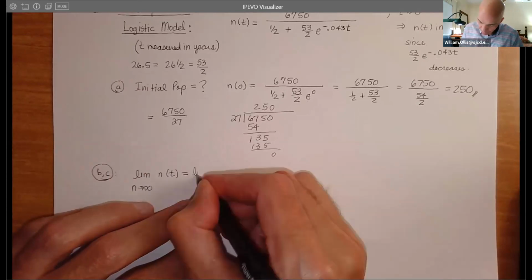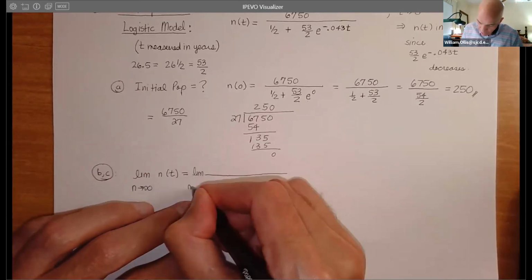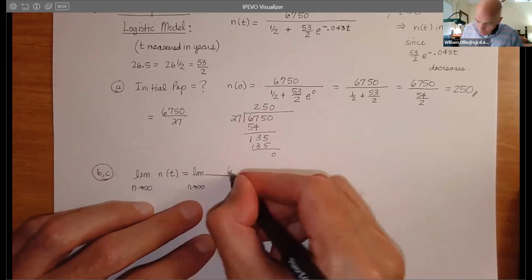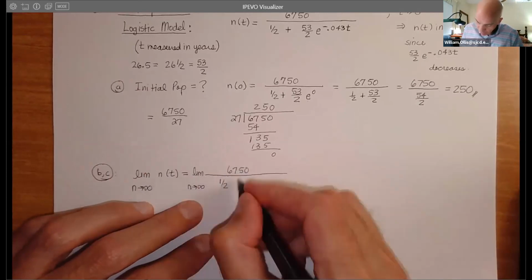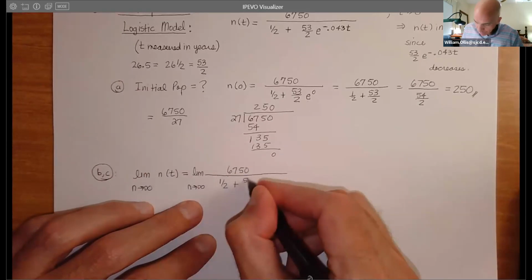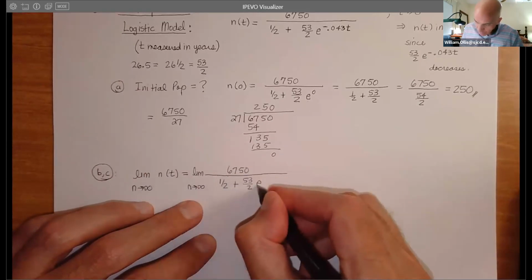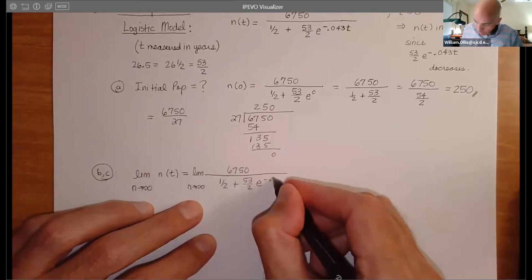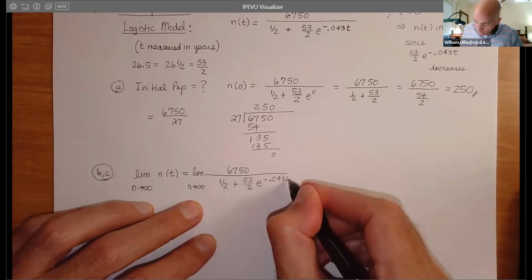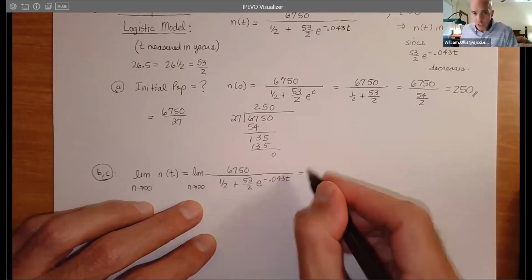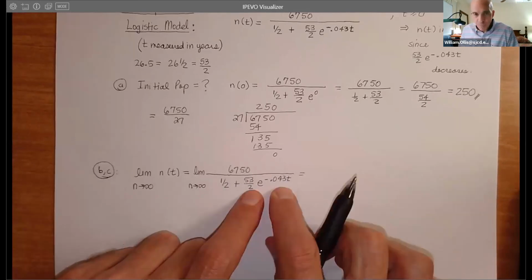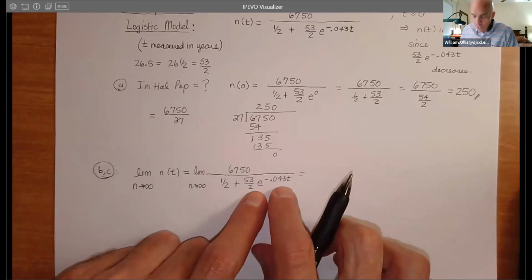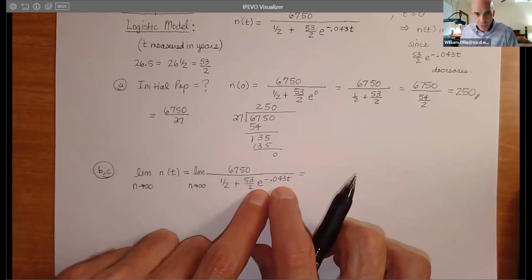So we have the limit as t approaches infinity of 6,750 1/2 plus 53 over 2 e to the negative 0.043t. Now, of course, this is a decreasing function. We've already talked about this. So intuitively, this part of the expression gets closer and closer to 0.